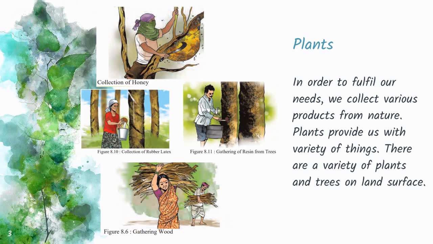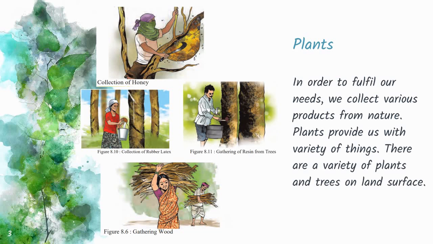As you can see in these images shown, some individuals are collecting wood from the forests. Similarly, some people are shown collecting different items in the forests like honey, resin, rubber latex, etc. In order to fulfill our needs, we collect various products from plants in nature.